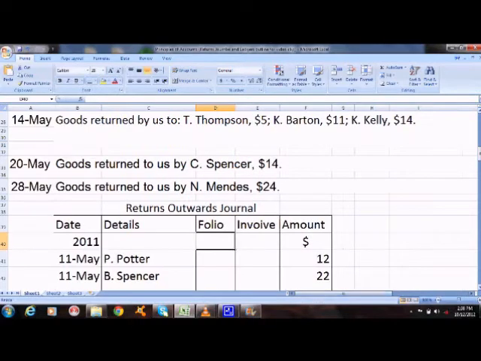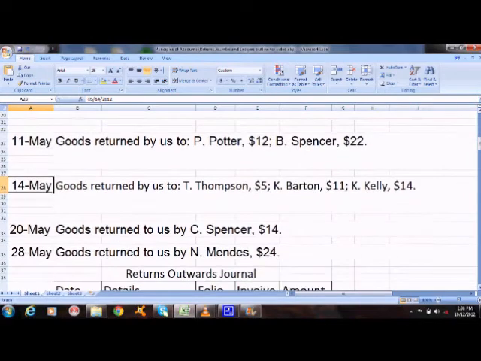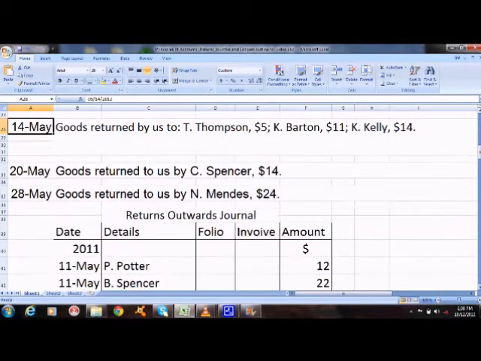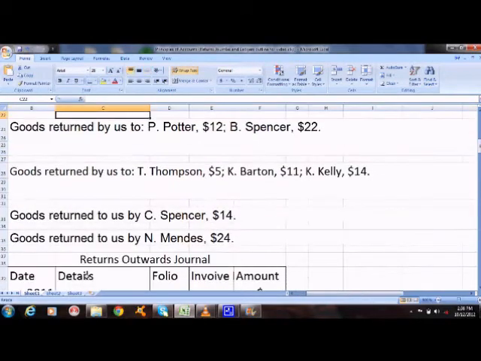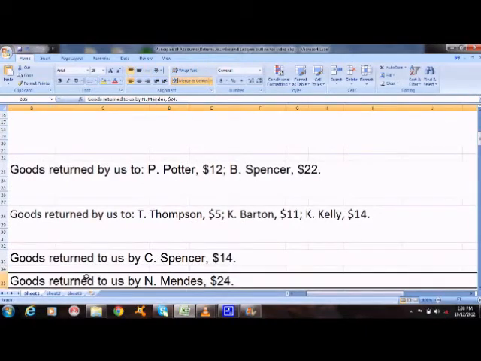So now we go to the other transaction. May 14, goods returned by us to T. Thompson, K. Barton, and K. Kelly. As usual, this one is returns outwards. So we're going to post these transactions to the returns outwards journal. The first one, write the date May 14, write T. Thompson, and the amount is $5.